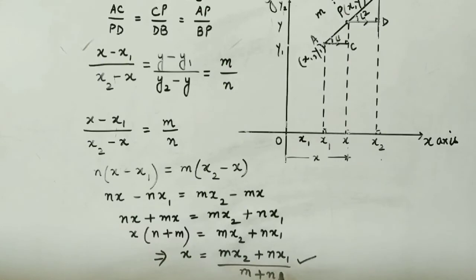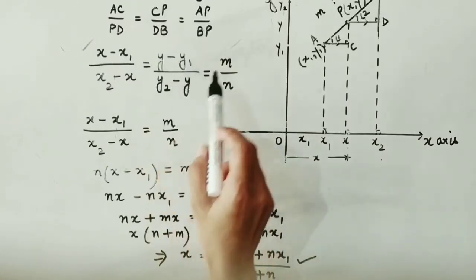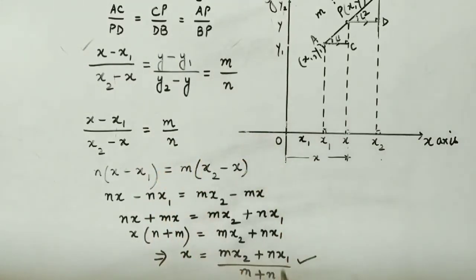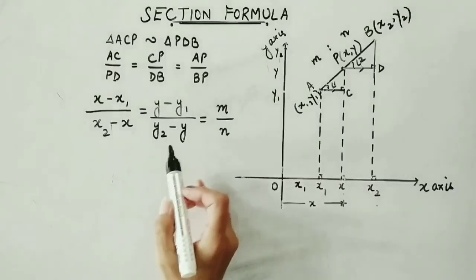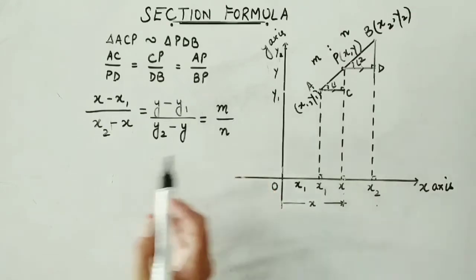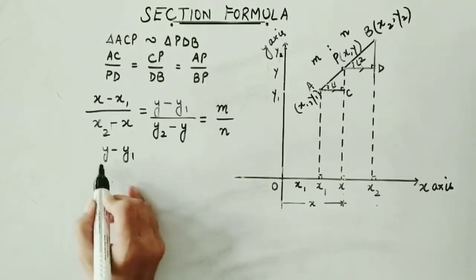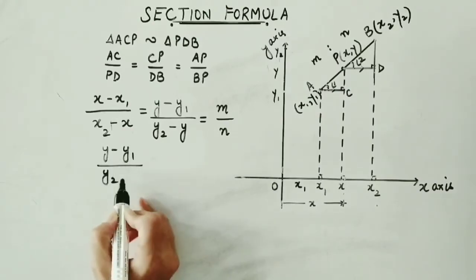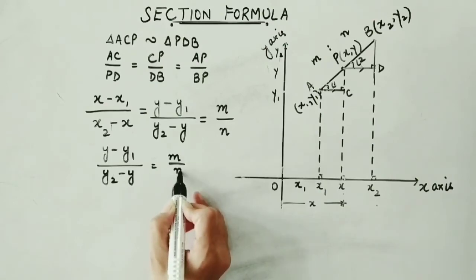So that's how x coordinate is obtained. For y coordinate, we would be comparing second and third ratios and we'll find the value of y. So it becomes y minus y1 upon y2 minus y, and that is equal to m is to n.